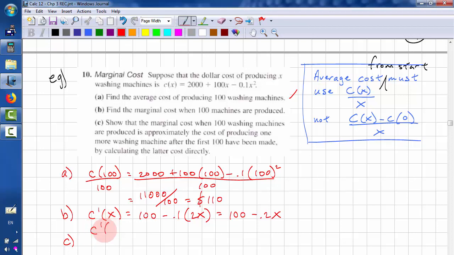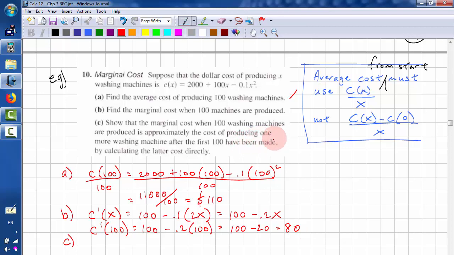C prime of 100 equals 100 minus 0.2 times 100. That's 100 minus 20, so that's 80.